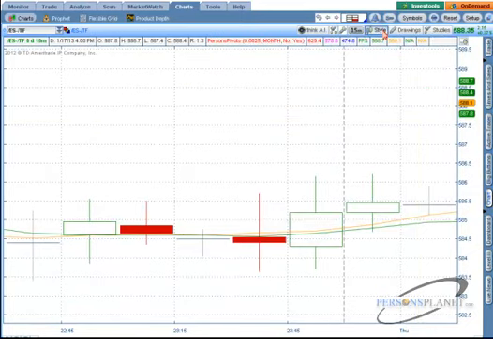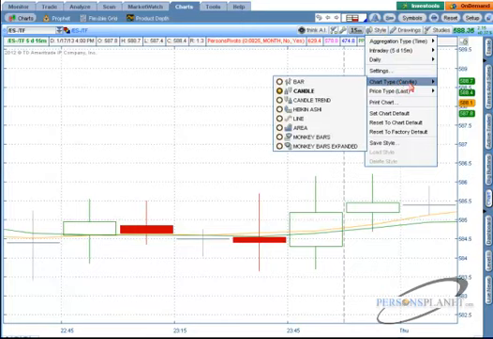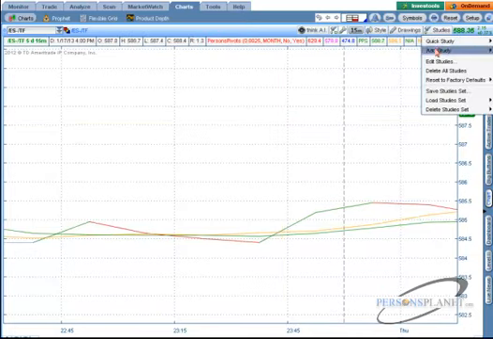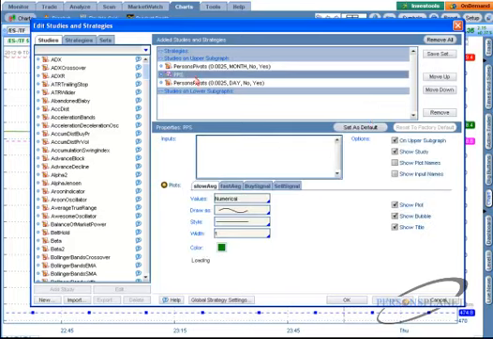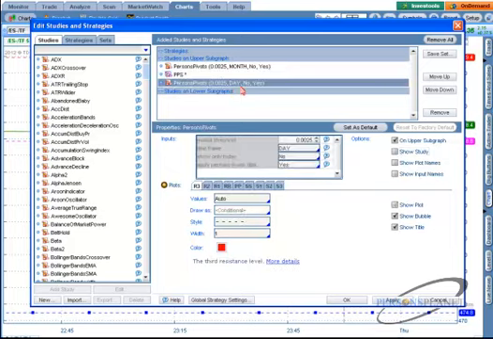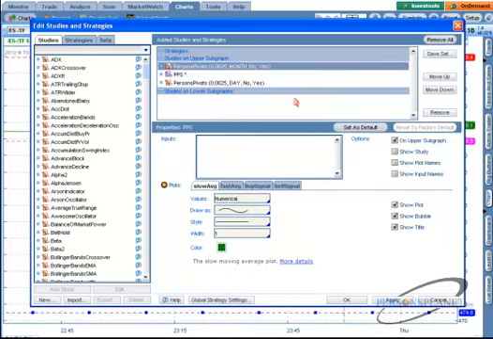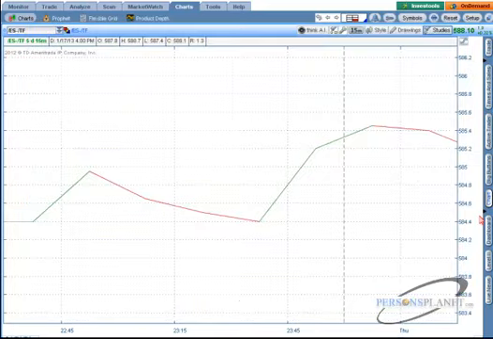What I have to do is go over here to Style, go to Chart Type, which is defaulted on candle, and go down here to a line chart. I have to go to Studies, Edit Studies, and I know that this is going to hurt. I have to undo the study here, and I don't want to do that. It hurts my feelings. We'll put you back, don't worry.